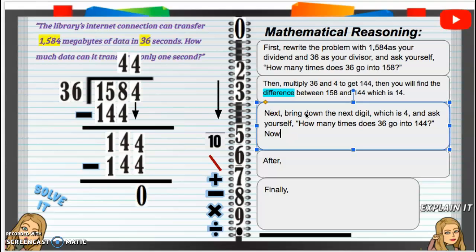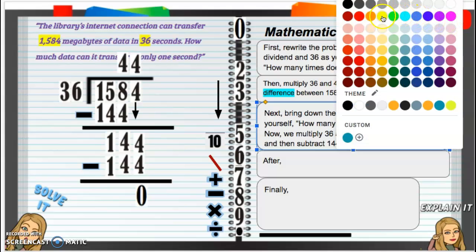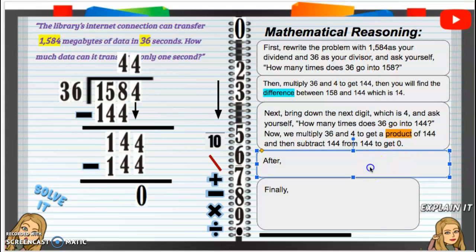Now we multiply 36 and 4 to get a product of 144 and then subtract 144 from 144 to get 0. I also know that that word product is a vocab word, so I'm going to highlight that. I'll do it in orange.